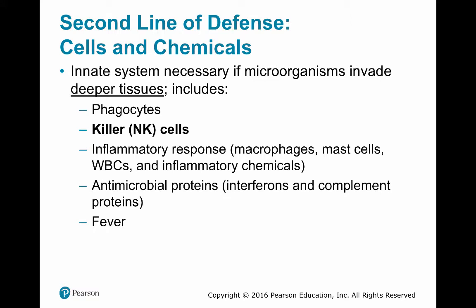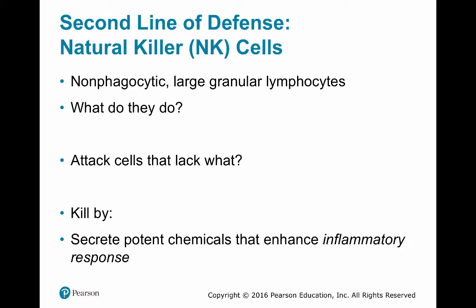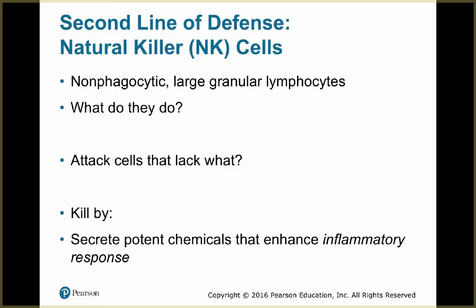They sound terrifying, don't they? Because they kind of are. They're non-phagocytic, so they're not engulfing and digesting and breaking things around. They're a large granular lymphocyte. And what do they do? Well, these guys basically police blood and lymph. We've talked about these guys before.